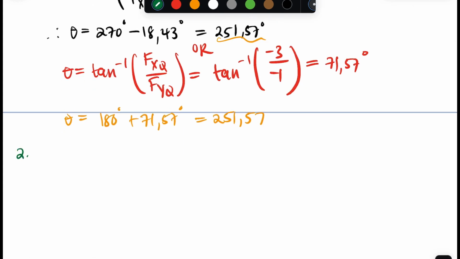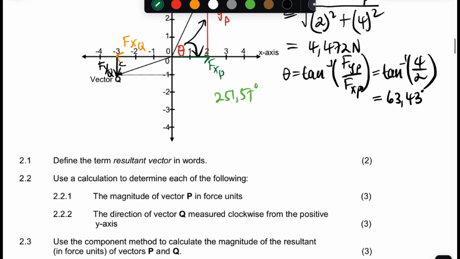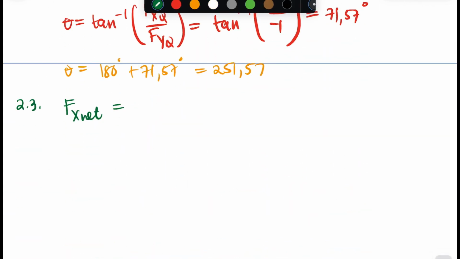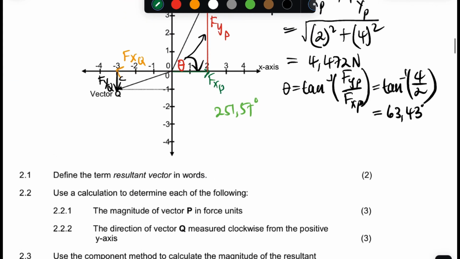So this is 2.3. I'll do the Fx net. Fx net is made up of this fxq and fxp. So it's fxq plus fxp. The fxq, if you are looking here, it's going to the left.